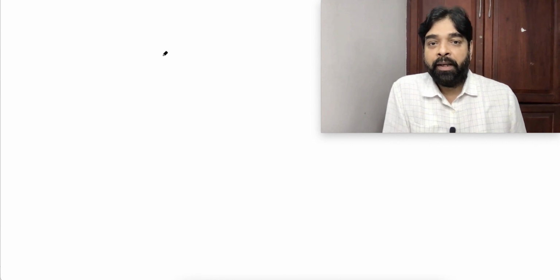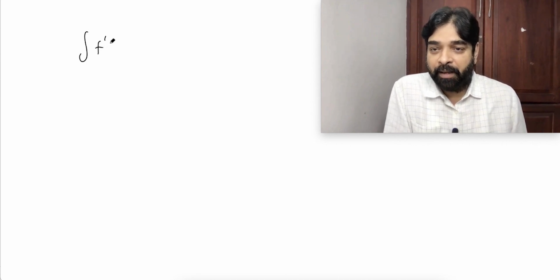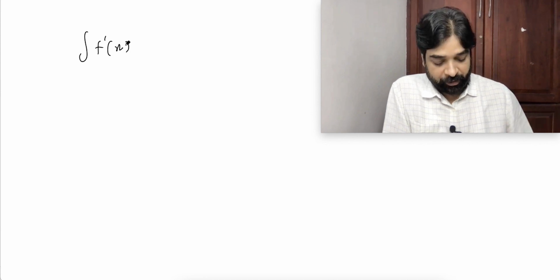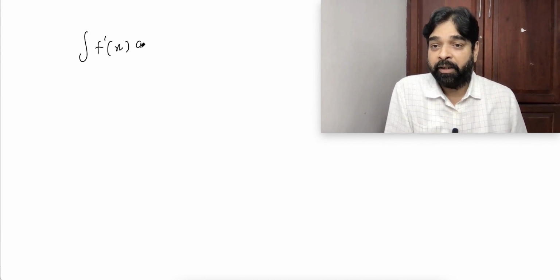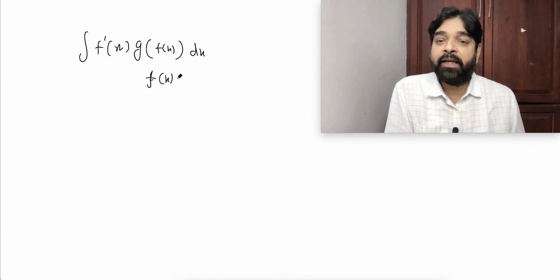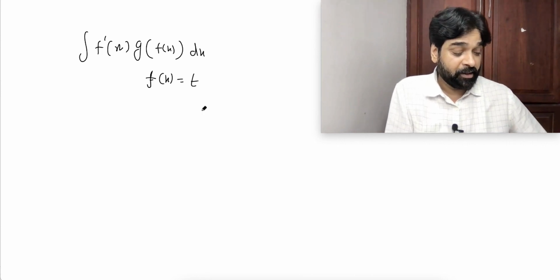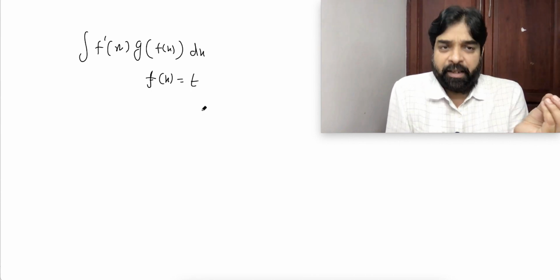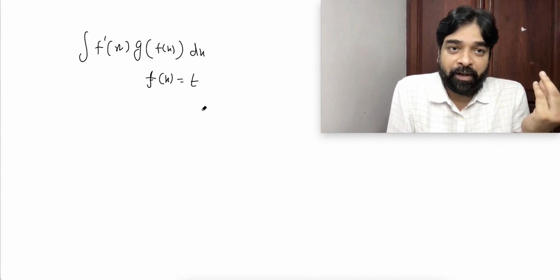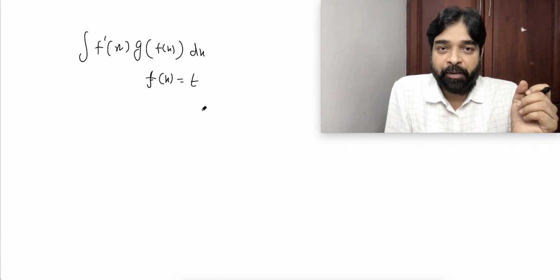Try to recall what I told you: if the differentiation of some function is there in the product, like g of f(x), then we can substitute f(x) equal to t, and there is a chance we can get the answer. Again I am saying there is only a chance, because it's a trick-based method. It's not a graphical method that gives 100% surety.